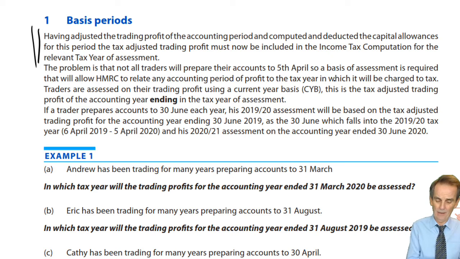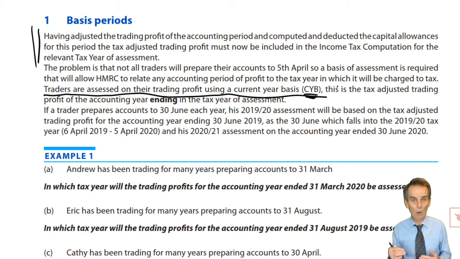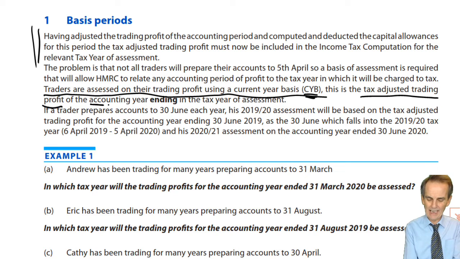And what we're told here is that traders are assessed on their trading profit using this current year basis, or as we will know it from now on, CYB, current year basis. What is that? It's very simple, actually. It is the tax adjusted trading profit. We know that. That's what we've done in Chapter 4 and then Chapter 5 of the accounting year.